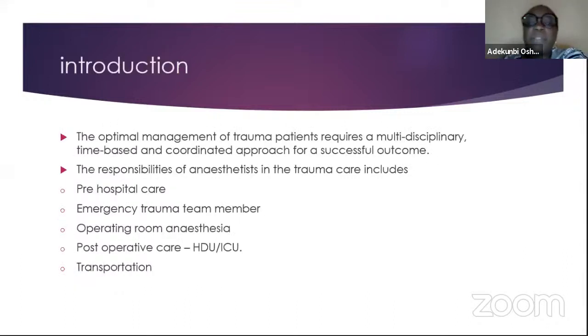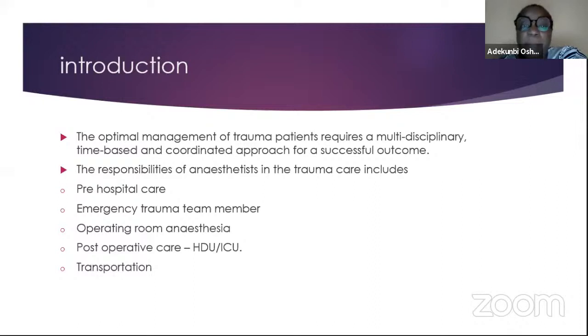Now, for the patient to have optimal management, as I mentioned earlier, multidisciplinary management that is time-based and coordinated must occur for a successful outcome in this patient. And as anesthetists, our responsibility starts from even before the patient gets to the hospital.